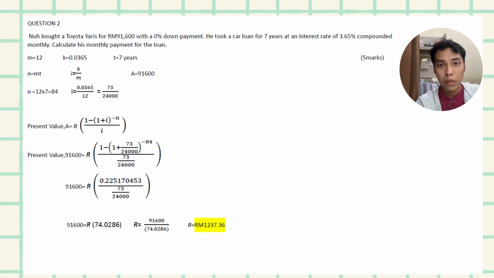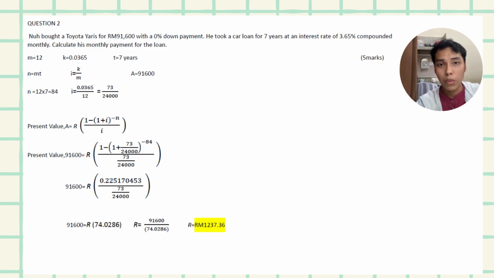So to find his monthly payment for the loan, which is R, we need to use the present value formula A equals R open bracket 1 minus (1 plus I) to the power of negative n, over I, close bracket. Then we just convert the values of A, I as well as n. So A equals 91,600, I equals 0.0365 over 12, which also equals 73 over 24,000, and n equals 84.